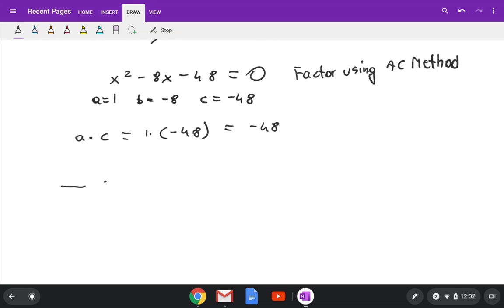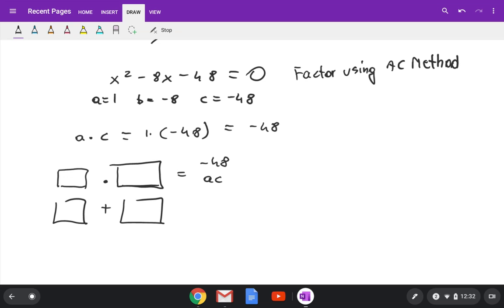Next, find two numbers which by multiplication give you AC, which is negative 48, and by addition give you B. So B is equal to negative 8.